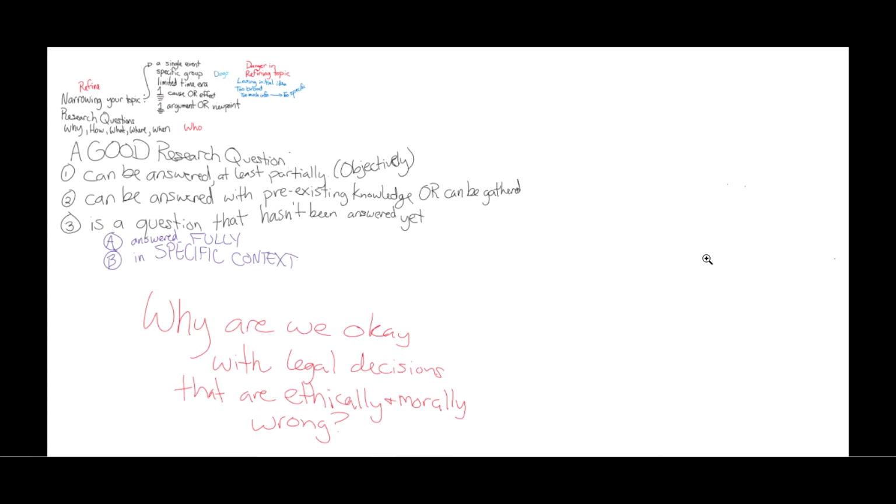You can't point to Jurassic Park, which is fiction, and say, oh yeah, that's pre-existing knowledge. No, it's not. And it can't be gathered because we don't have living dinosaurs. Well, we do, but we don't. It's a whole debate, not important. Can you answer your research question with pre-existing knowledge, or can you gather that knowledge?